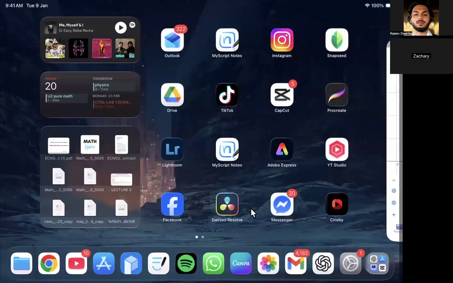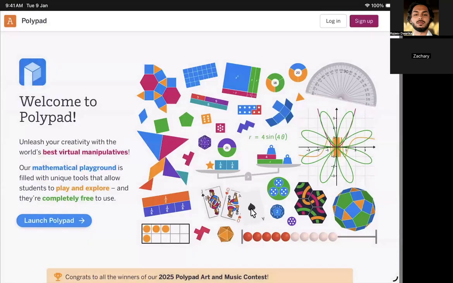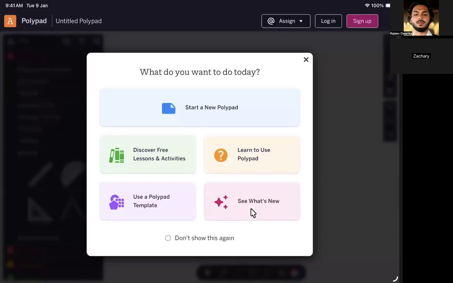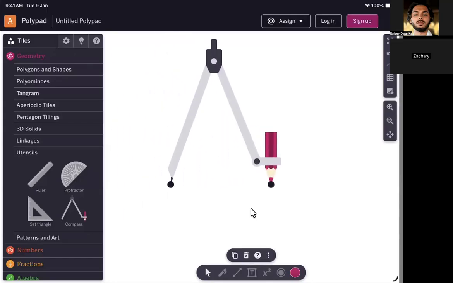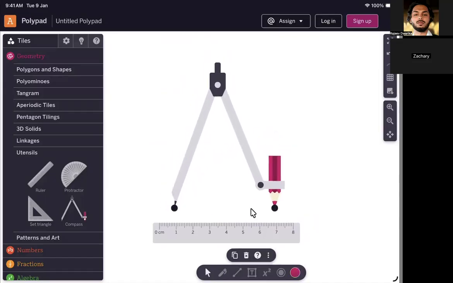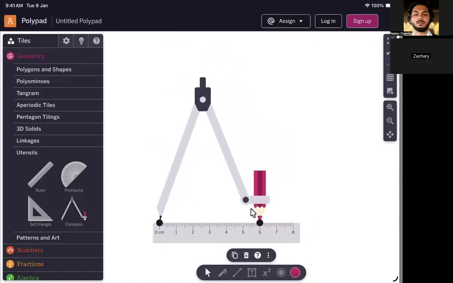And you know that the compass will do this. Okay, launch Polypad. So look at this, right? If I want to draw a circle, wouldn't I take this and place it somewhere? And that would be the center.